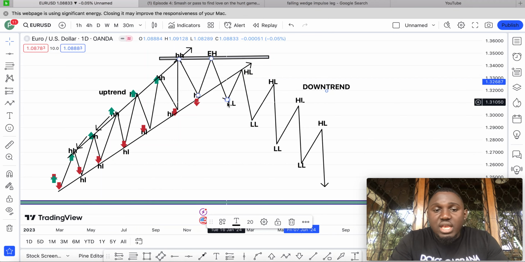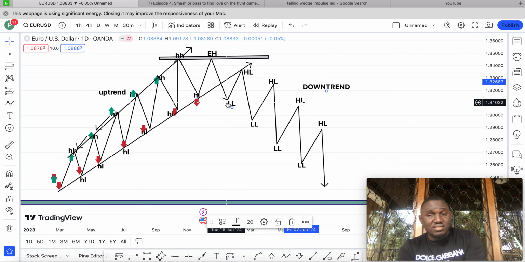Finally it had a break of trend line, breaking structure, creating an equal top, and price reversing to the downside, making higher lows and lower lows on a downward trend. Makes a whole lot of sense, right?